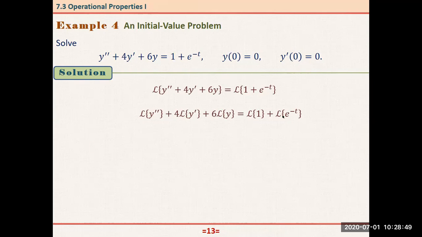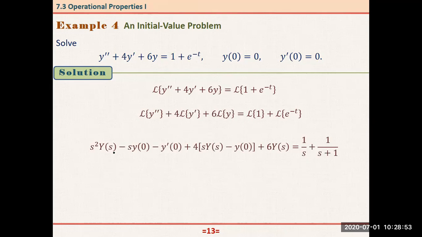So now we know how to evaluate this thing, right? Y double prime, that is s squared times capital Y of s minus s times y of 0 minus y prime of 0.